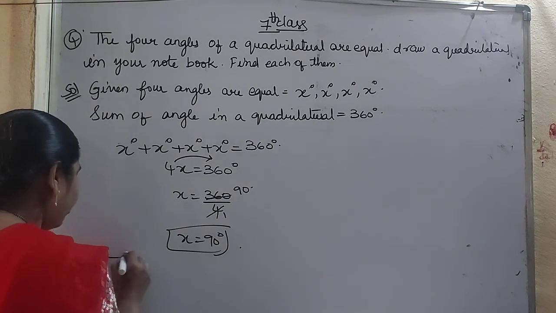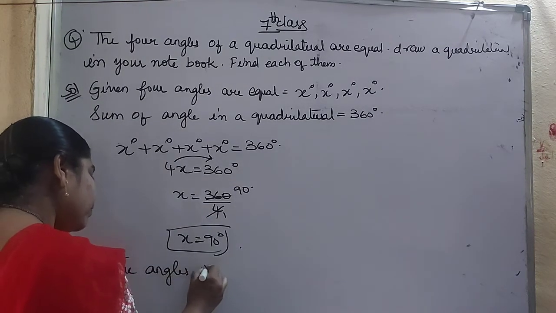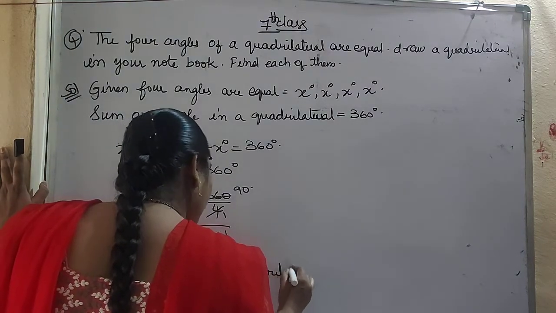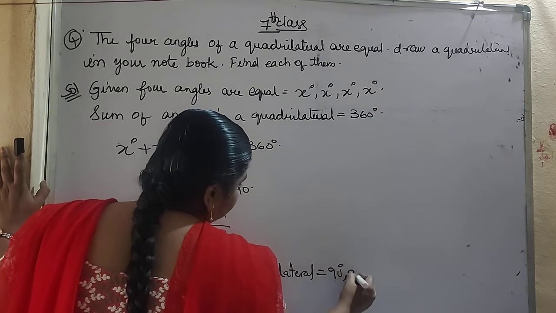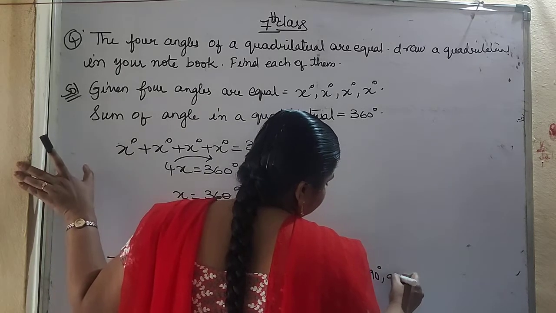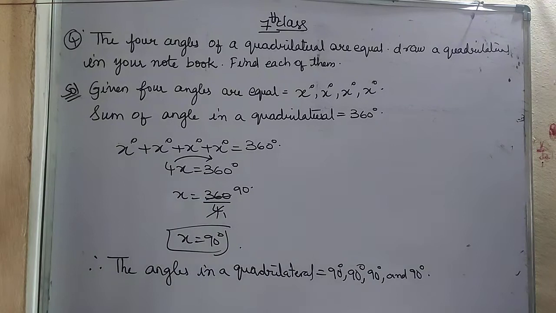They told that all the angles are equal, so all the four angles will be equal to 90. So therefore the angles in the quadrilateral are 90 degrees, 90 degrees, 90 degrees and 90 degrees. They told us to draw a figure also. So which figure can we draw here?